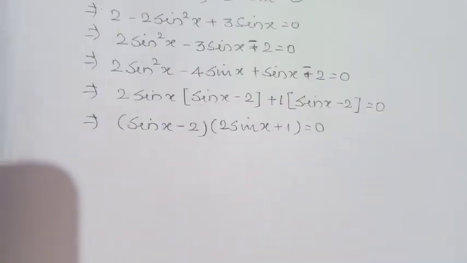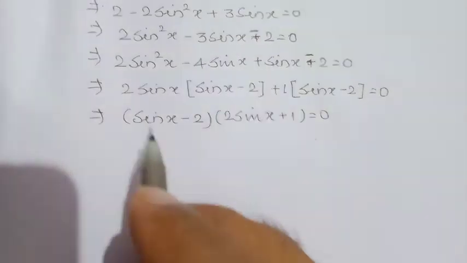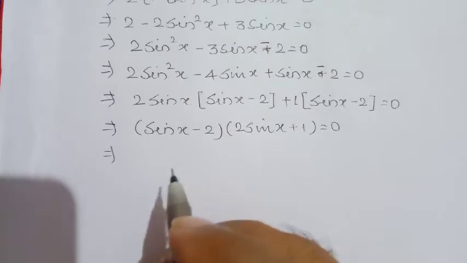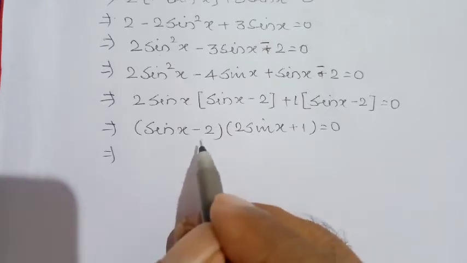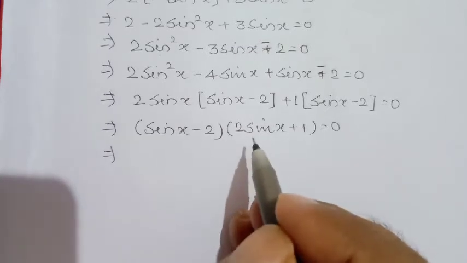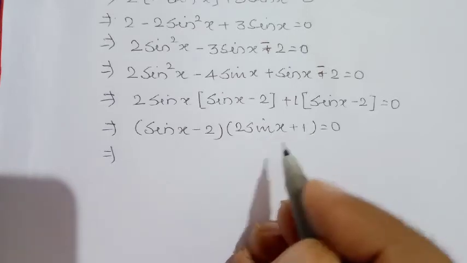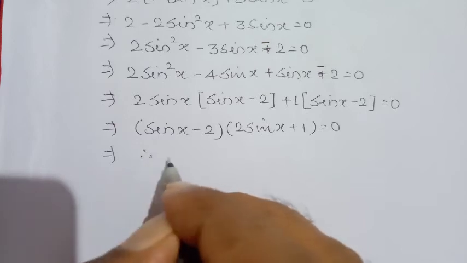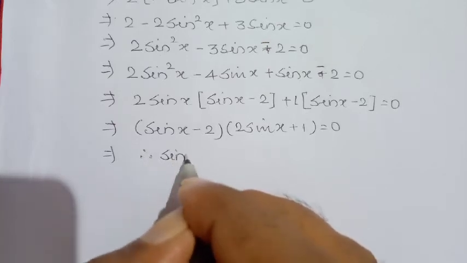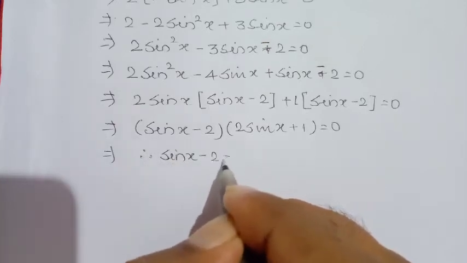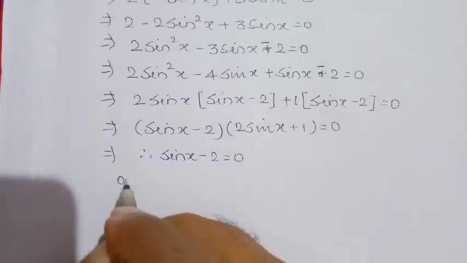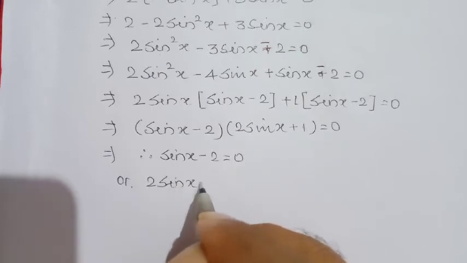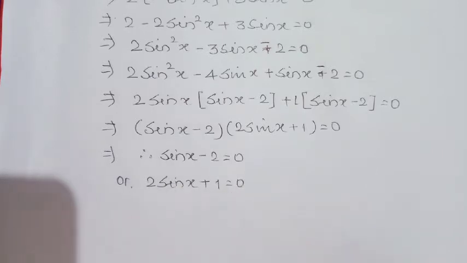See, the product of two terms is 0, which is possible only when either sin x minus 2 is equal to 0 or 2 sin x plus 1 equal to 0. Therefore, we may write sin x minus 2 equals to 0 or 2 sin x plus 1 equal to 0.